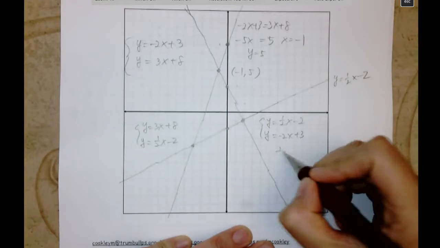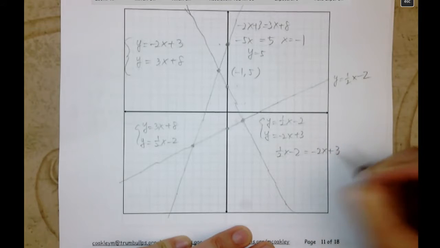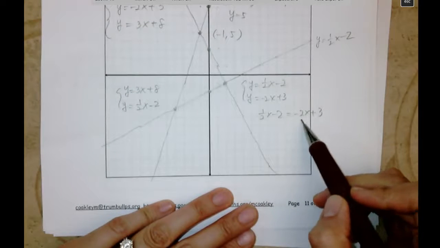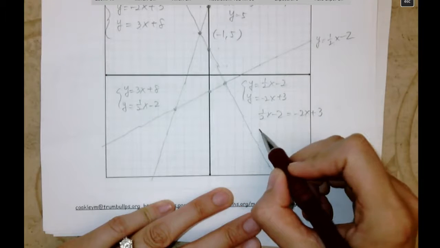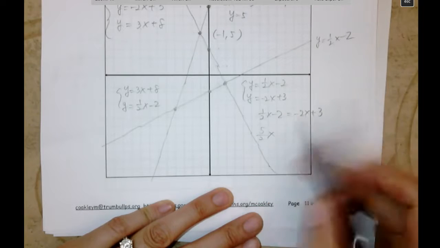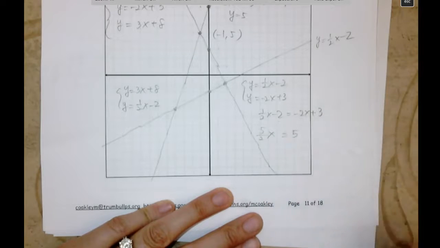Same thing. 1/2 x minus 2 has to equal -2x plus 3, right? So you have to add 2x to both sides to get rid of this on the other side. So this is 5/2 x, and then you're going to add 2 to both sides, so this is 5, right?